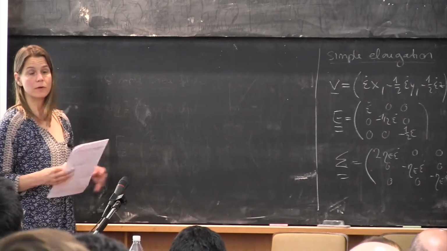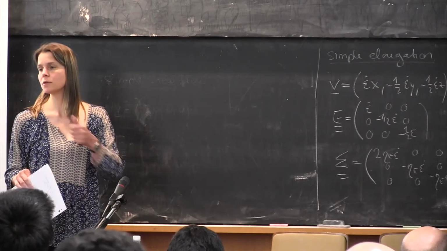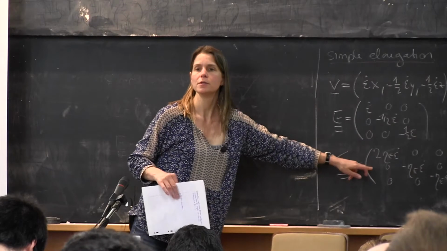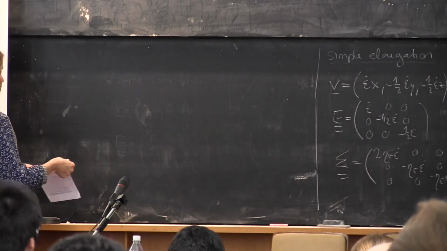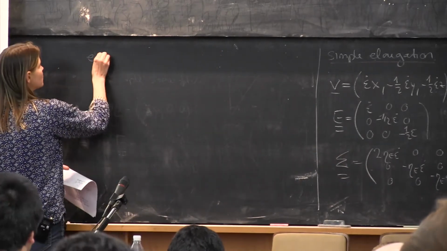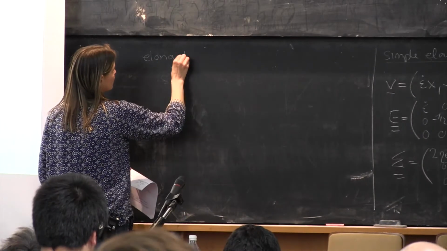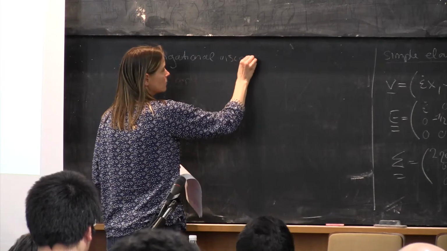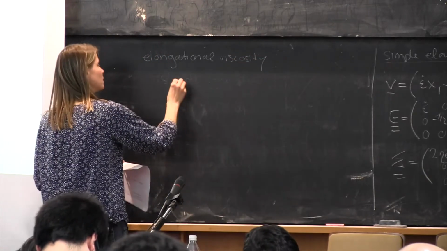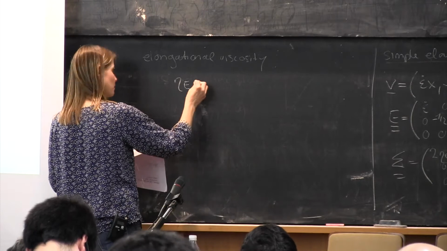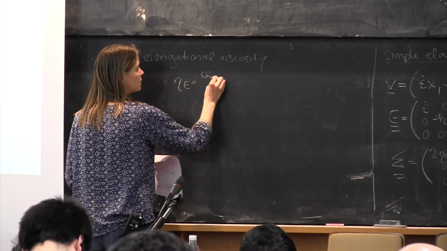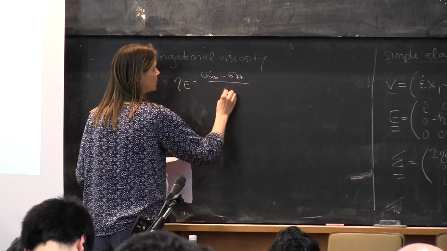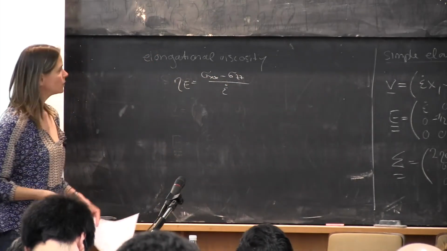Remember, this is still a Newtonian fluid. I told you there's only one constant. And now I'm telling you that this is the elongational viscosity. So we will see how this relates to the shear viscosity. The definition of the elongational viscosity is eta E equals sigma xx minus sigma zz divided by epsilon dot.